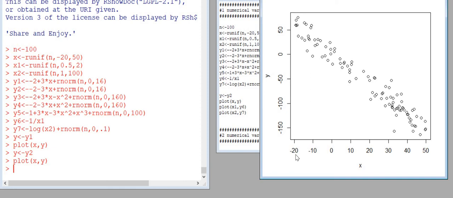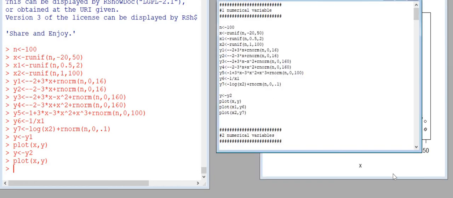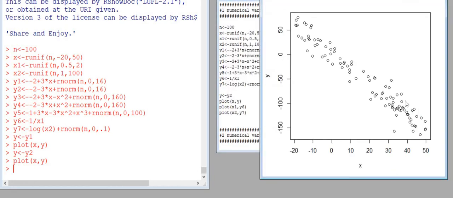And since x increases, y decreases, it means negative correlation. So I will expect that the sign of beta 1 here will be negative if we have this kind of relationship between those variables.